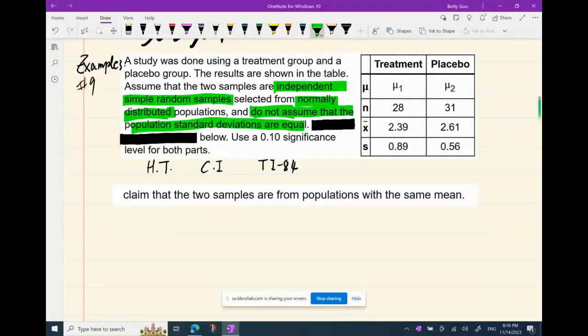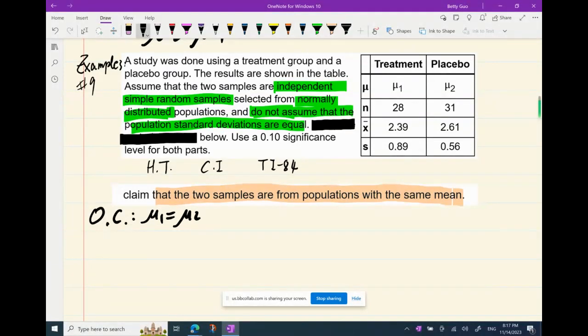Use a 10% significance level to test the claim. What's the claim? Claim that the two samples are from two populations with the same mean. So we claim mu1 and mu2 are equal to each other.